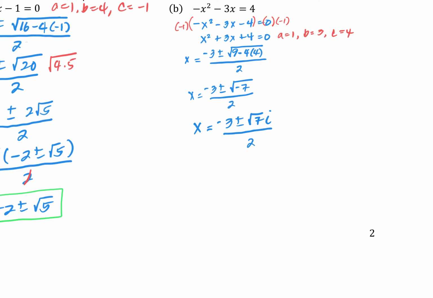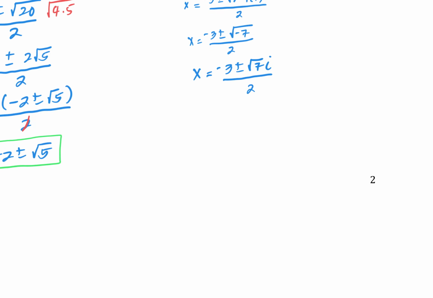But that's not in the a plus bi form. So the last thing I need to do is split this up into x equal to -3 over 2 plus or minus the square root of 7 over 2 i. That's in a plus or minus bi form.